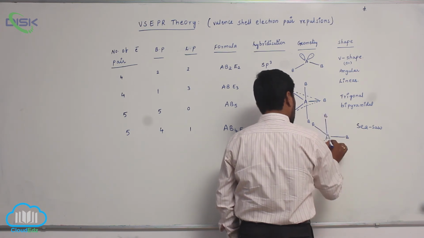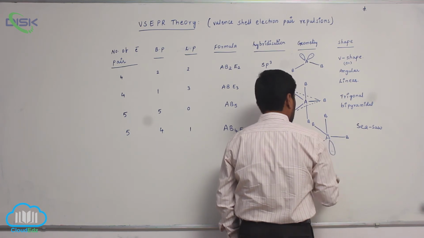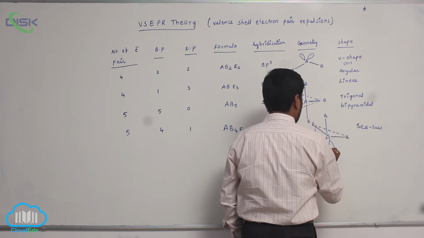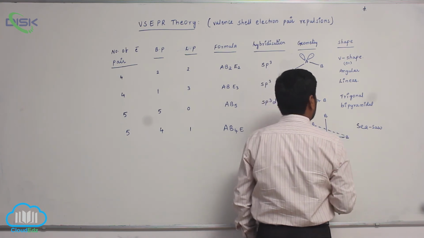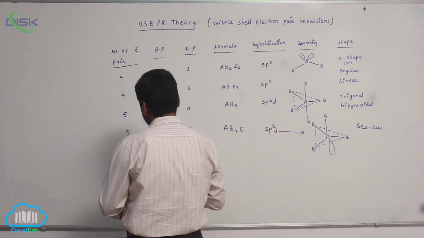It is also B, then contains one lone pair of electrons. This particular structure is known as seesaw structure.